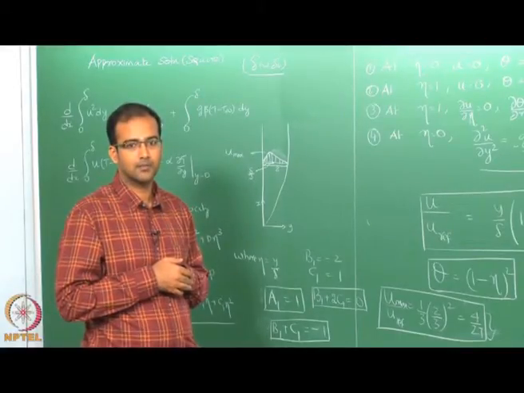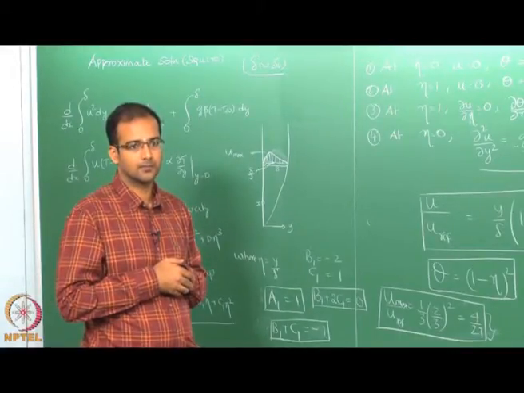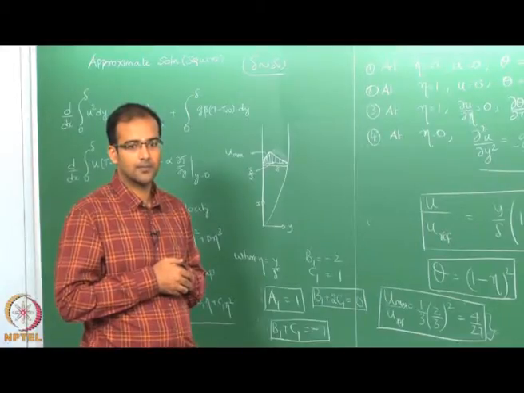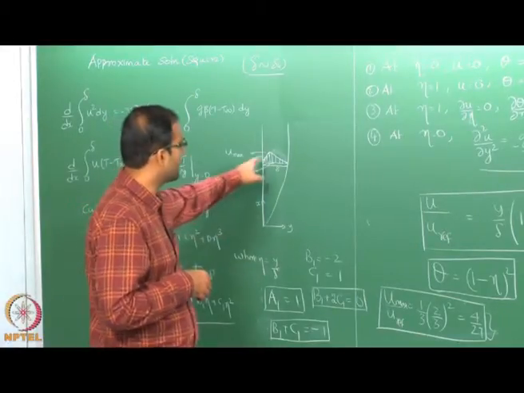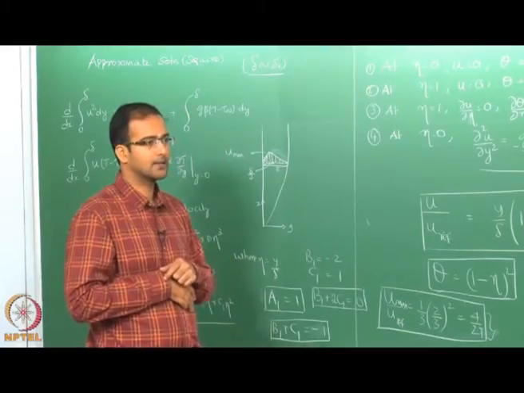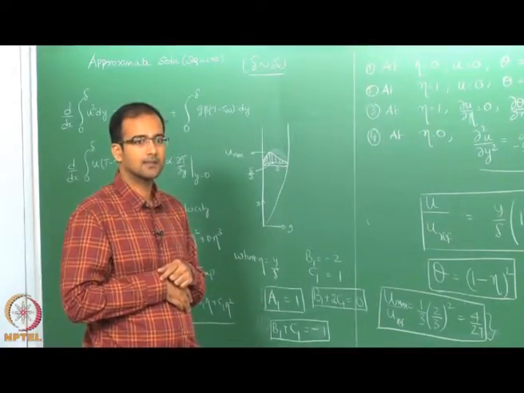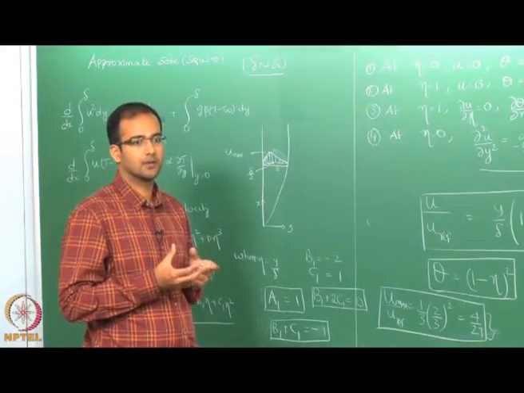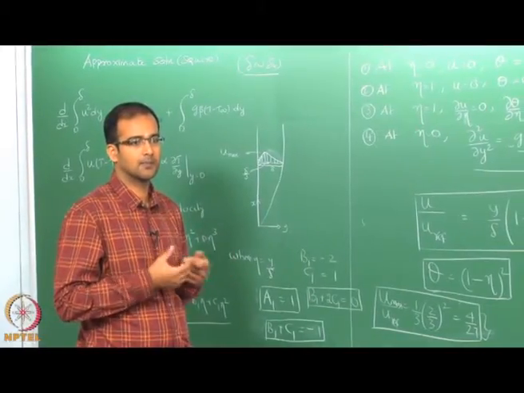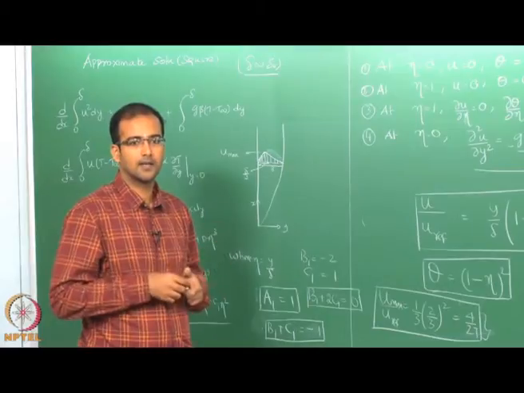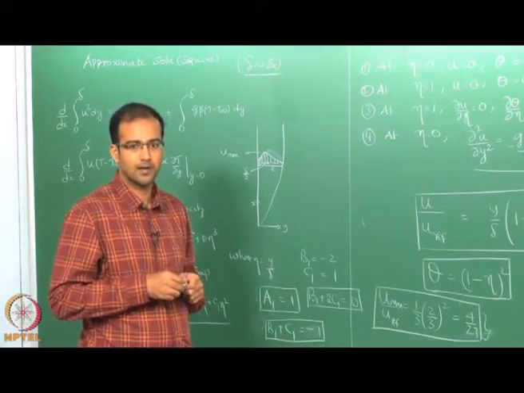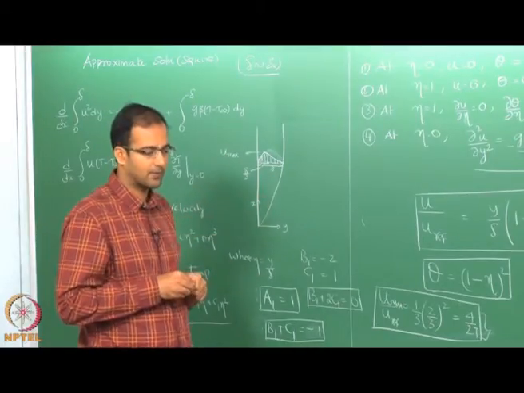So this is what you have to basically conclude, because you cannot practically identify a point which is larger than u max. The u max is a small fraction of your u reference, which means u reference has to be some hypothetical or theoretical value which is not identified in this particular profile.